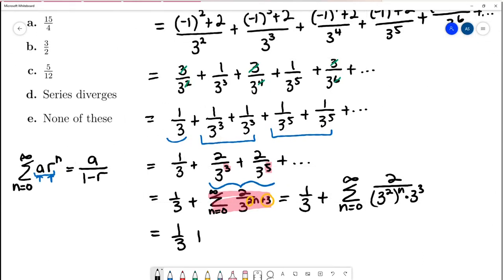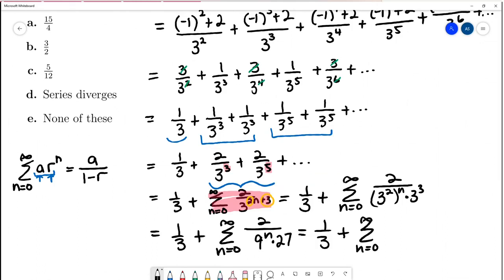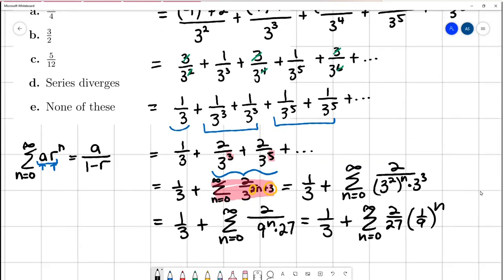That's 1/3 plus the sum of n equals 0 to infinity. And now I have 2 over 9 to the n times 27. So I'll write this as 1/3 plus the sum n equals 0 to infinity, 2 over 27 times 1/9 to the n power.